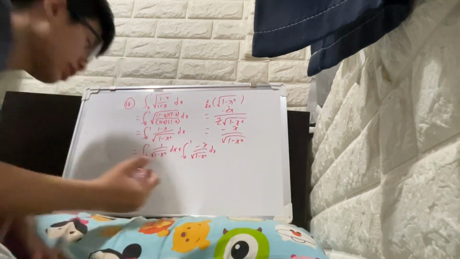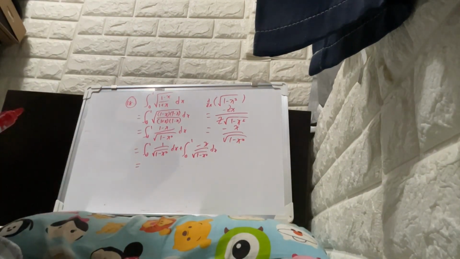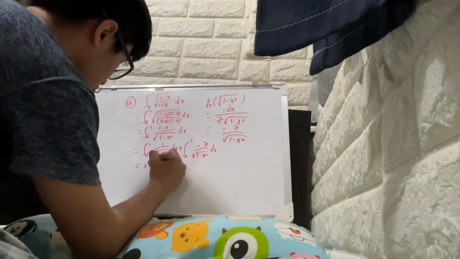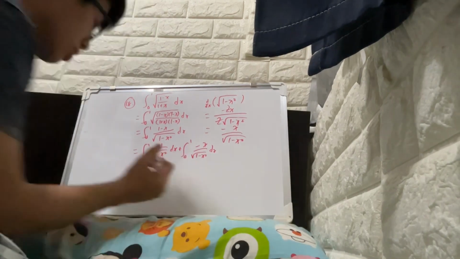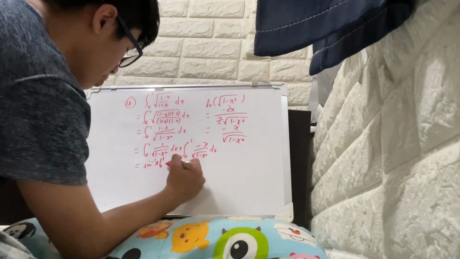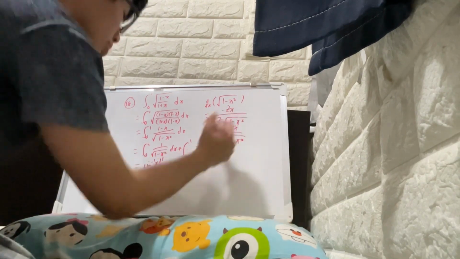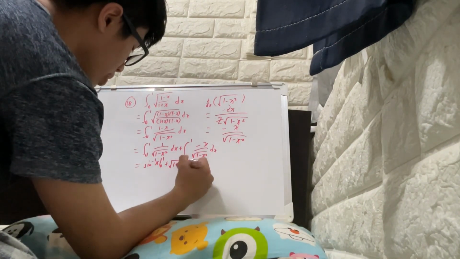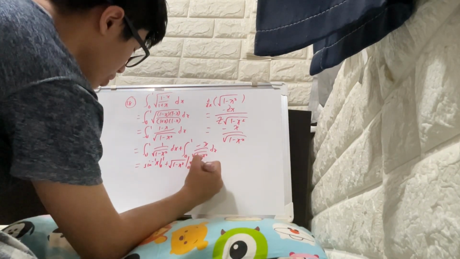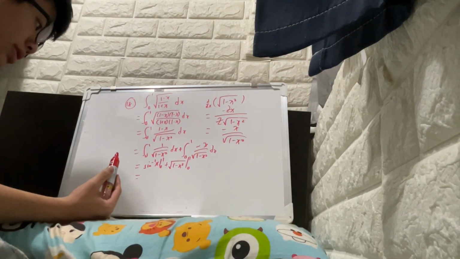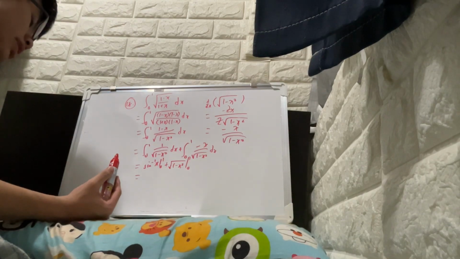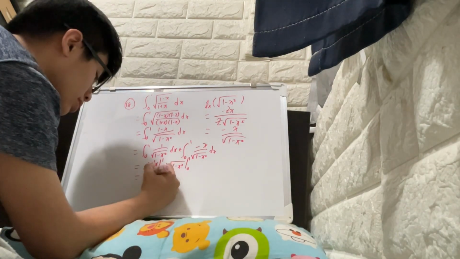So you get the integral of 1 over square root of 1 minus x squared is inverse sine x, put 0 and 1 into it. And then we're gonna get plus, this one is just square root of 1 minus x squared, put 0 and 1 into it. First you get inverse sine of 1 is pi over 2, right?